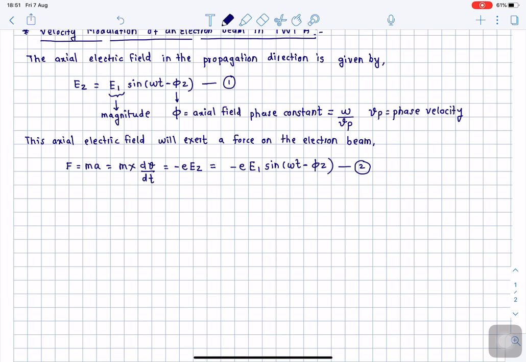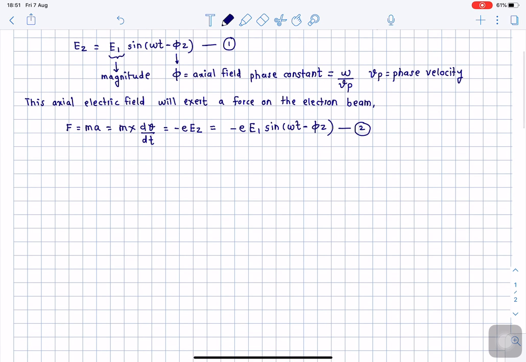Here I will write the total velocity of electron. How can we write it?